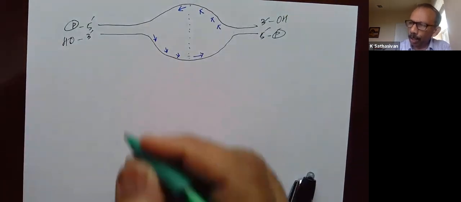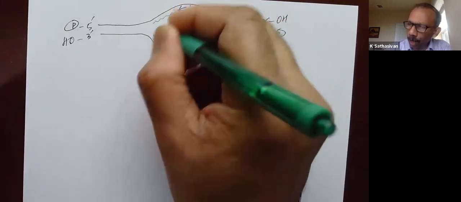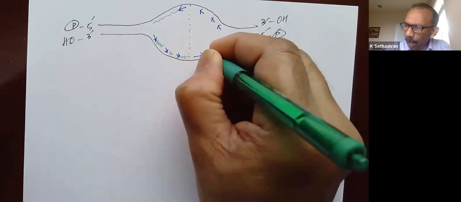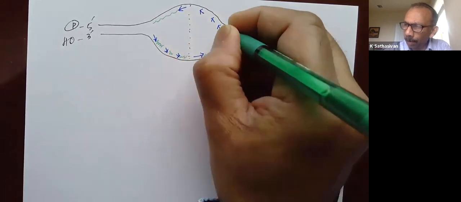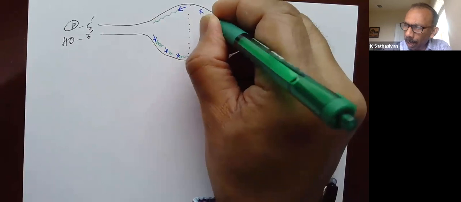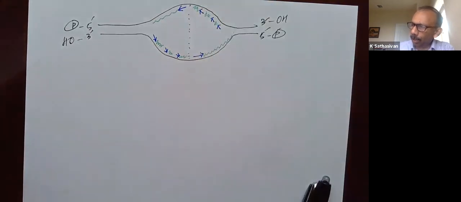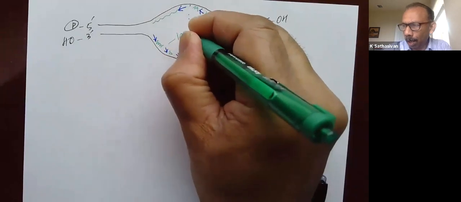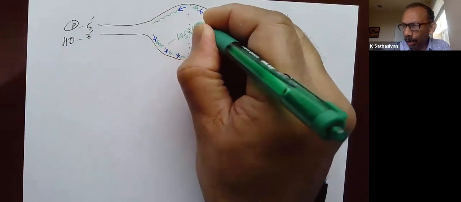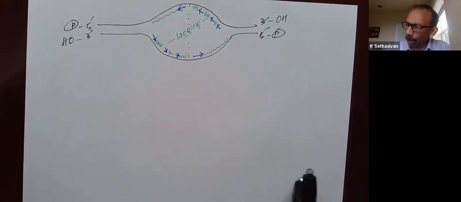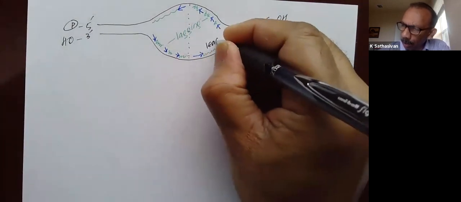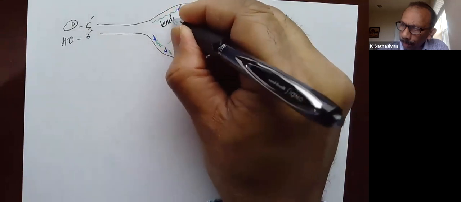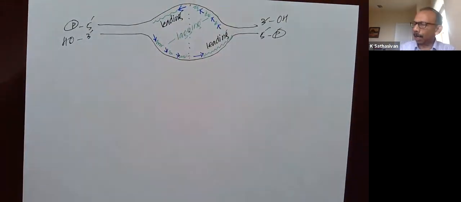So when the new strand is being formed, one side is leading and the other side is lagging. This is all leading, this is lagging, lagging, lagging. That's how you need to see it. So keep track of that.